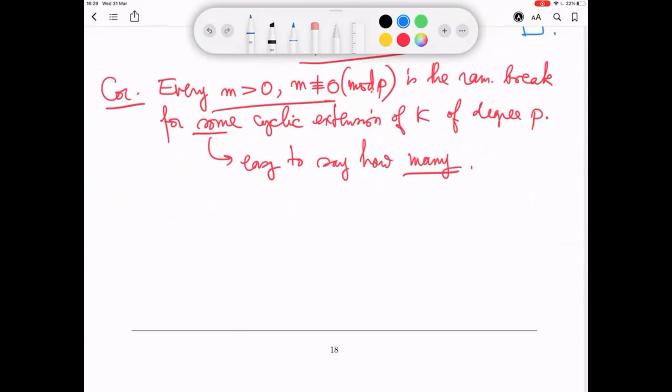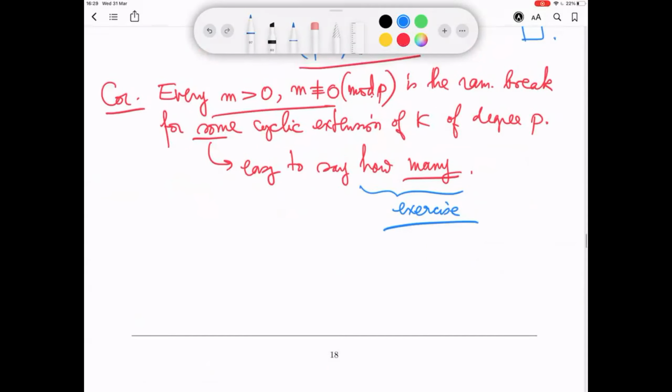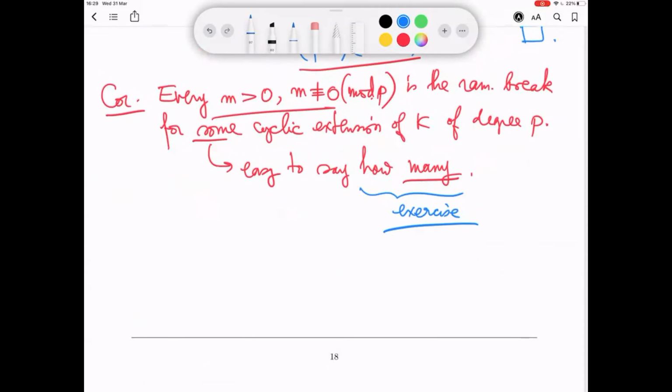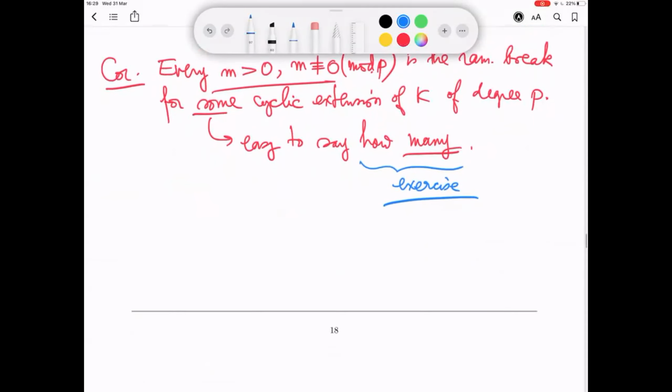Maybe I can leave this as an exercise, because next time we are going to use this in order to prove Serre's mass formula in degree p, and also for computing the contribution of cyclic extensions to that mass formula. So maybe this is a good place to stop.